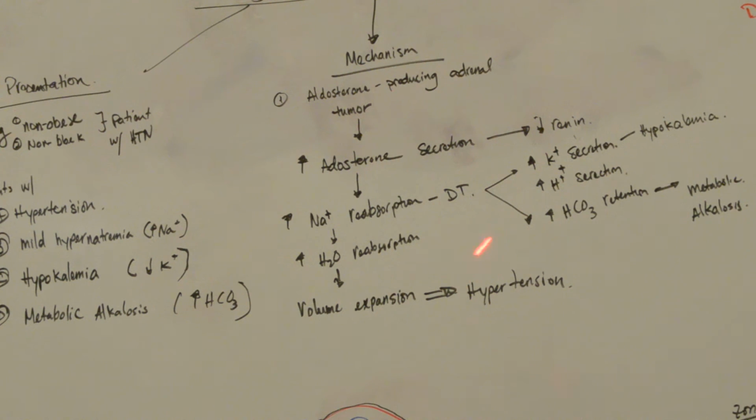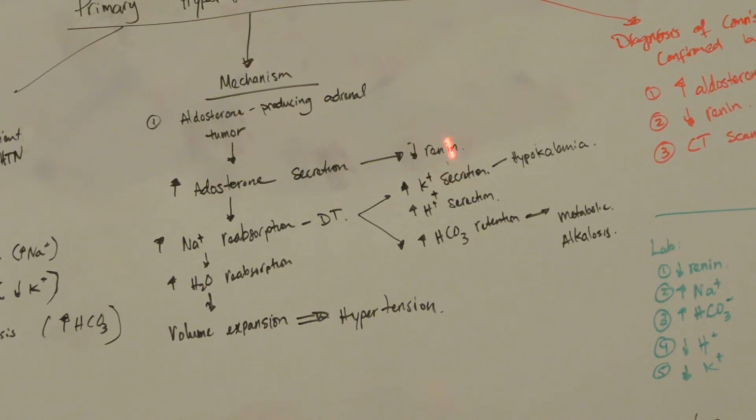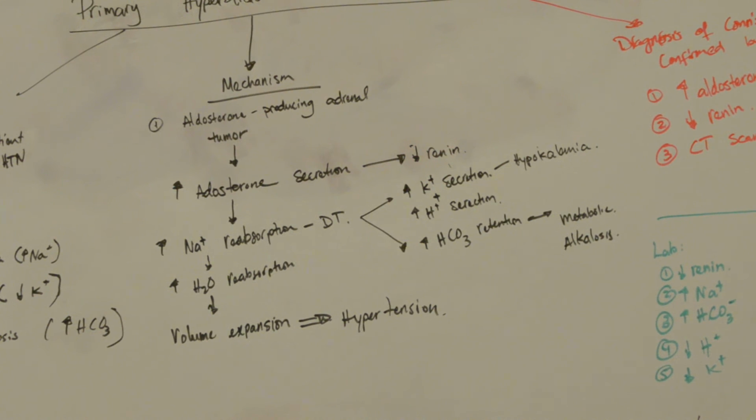And how does an increase in aldosterone secretion affect renin? So let's check here, renin. Why does renin decrease? The normal mechanism of renin is to raise the blood pressure.